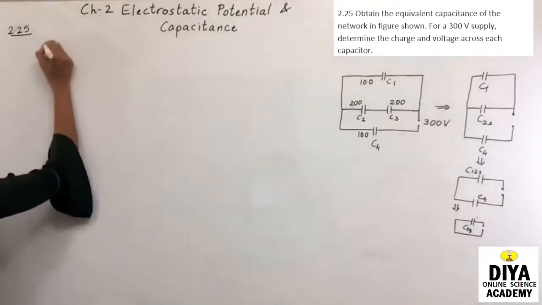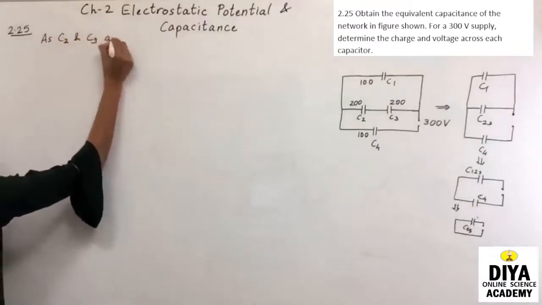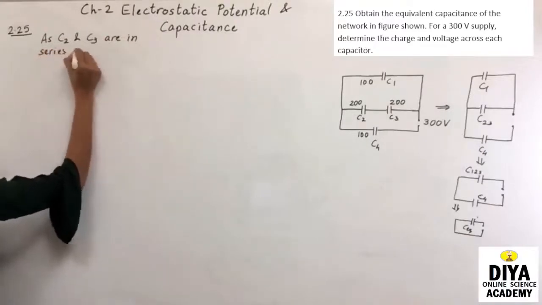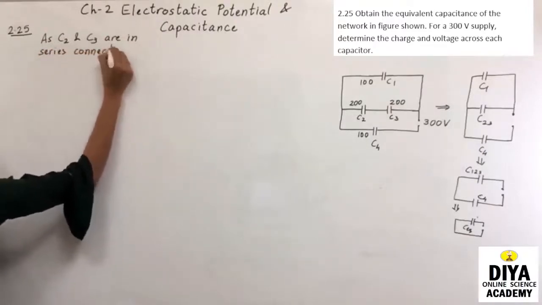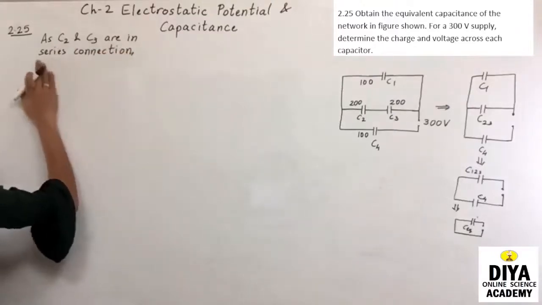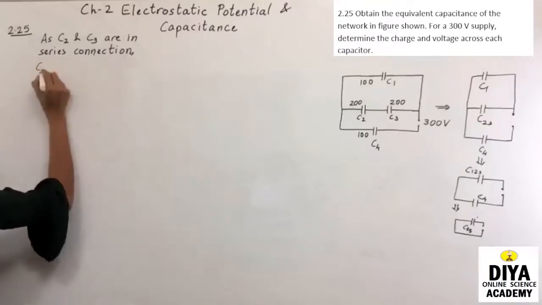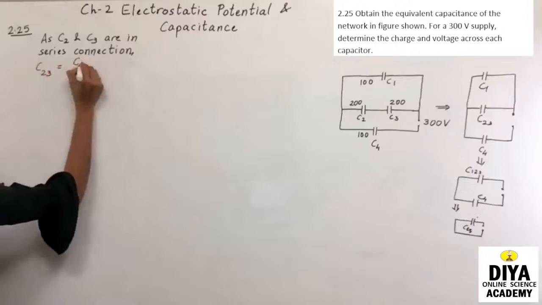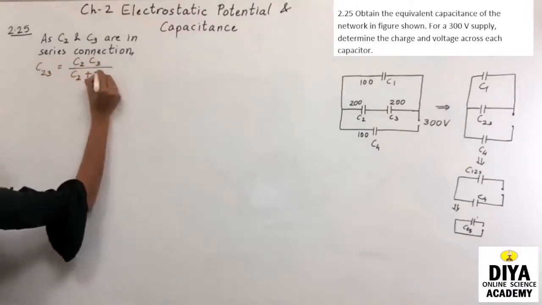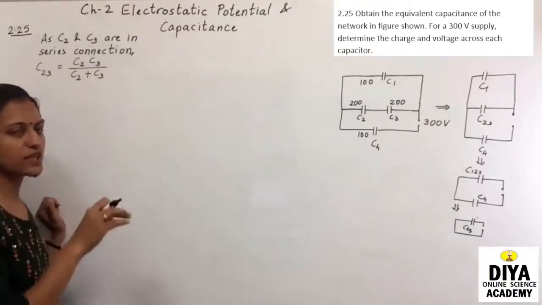So now as C2 and C3 are in series connection, so C equivalent for series, या तो हम लिखेंगे C23 equals C2 C3 by C2 plus C3. 1 upon C2 plus 1 upon C3 will give us 1 upon C equivalent.